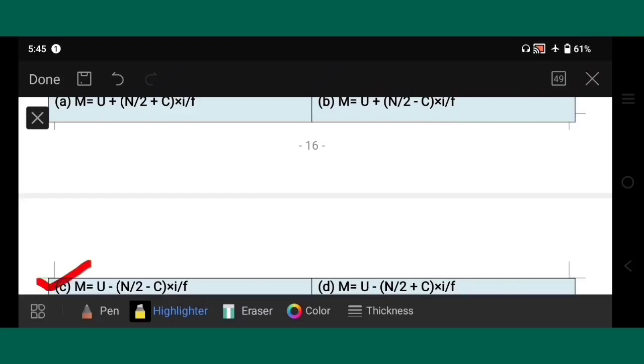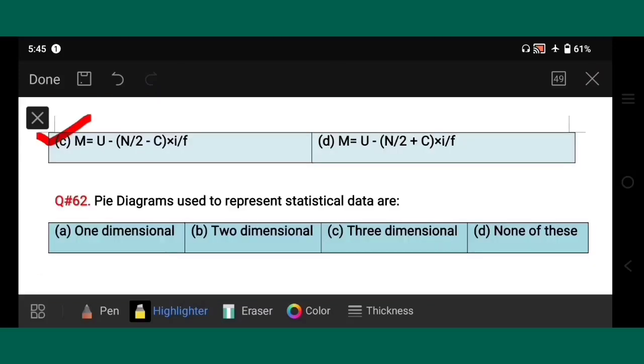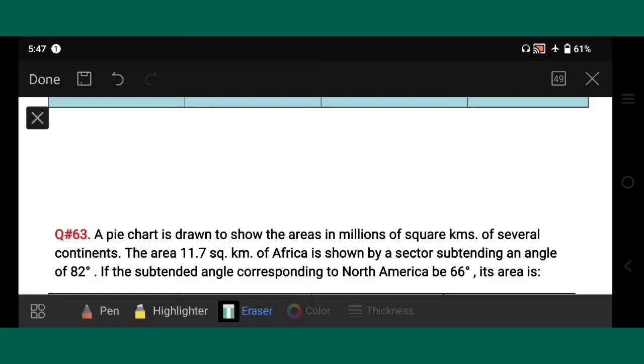C. Question number 62. Pie diagrams used to represent statistical data are, the options are 1-dimensional, 2-dimensional, 3-dimensional, and none of these. So the correct option is, pie diagram is 1-dimensional. Question number 63.